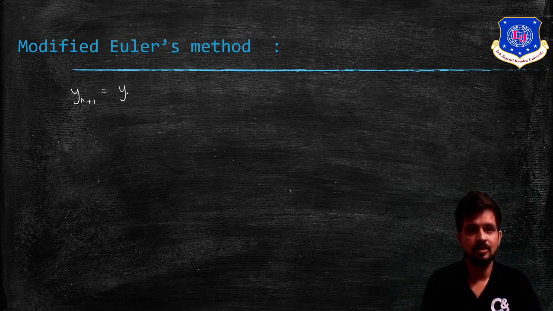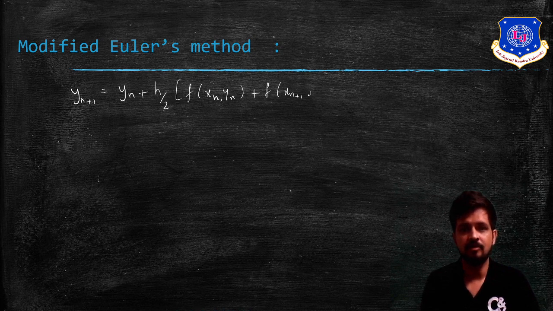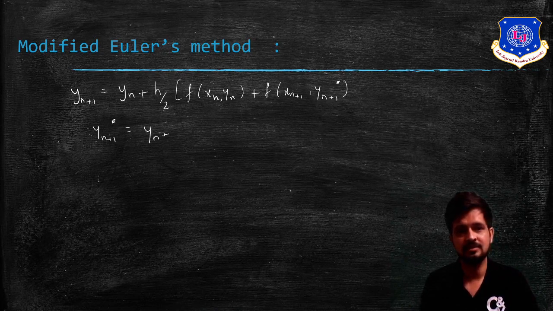The general formula can be written like this: yn plus 1 is equal to yn plus h by 2 times f of xn comma yn plus f of xn plus 1 comma yn plus 1 star. Now what is yn plus 1 star? yn plus 1 star is nothing but the value of y obtained from Euler's method.